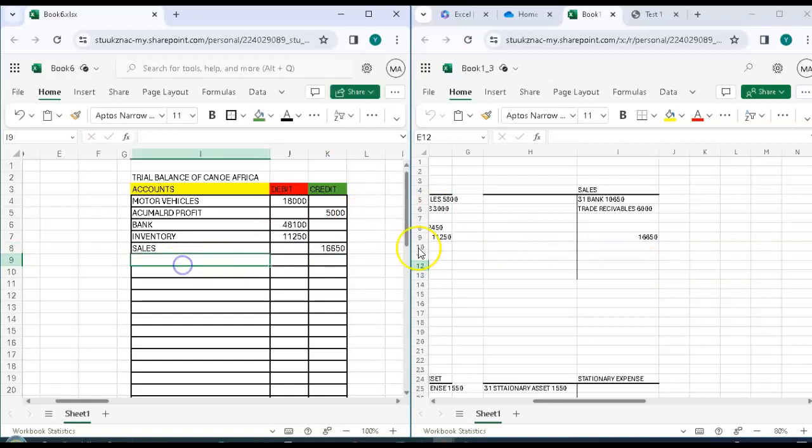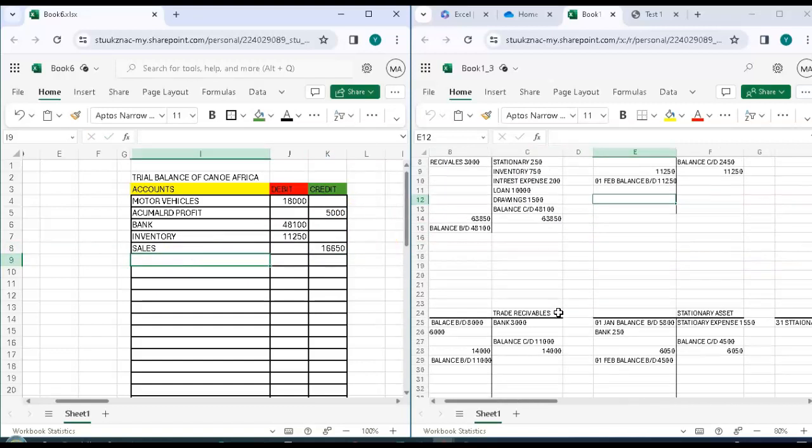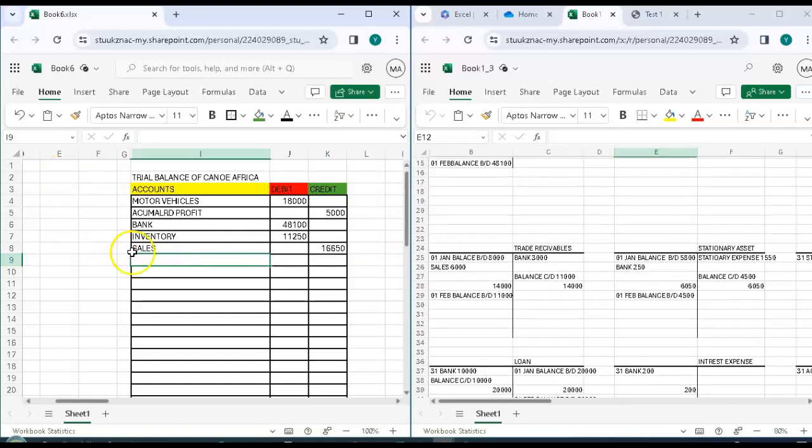Now the next one is trade receivables. Trade receivables we know is an asset, and this increases on the debit side, 11,000. The next one, we got stationery asset.